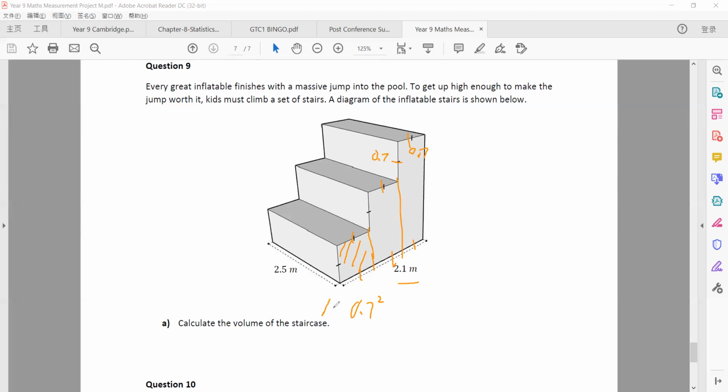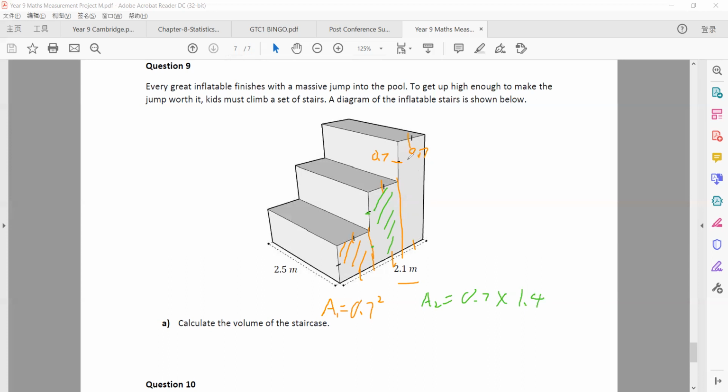Then I use green for the second part. The horizontal side is 0.7, so A2 equals 0.7 times the height. The height will be 1.4, because this one plus this one gives you 1.4. So A2 is 0.7 times 1.4.